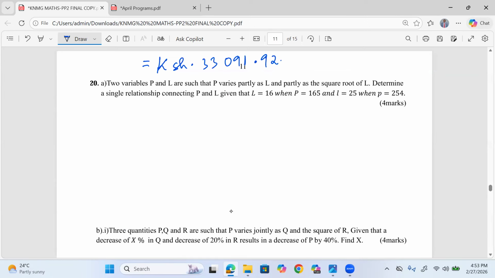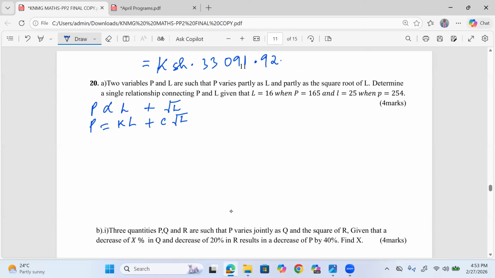We are told that P varies partly as L and partly as the square root of L, meaning that P equals, we can have two constants, K times L plus C times the root of L.